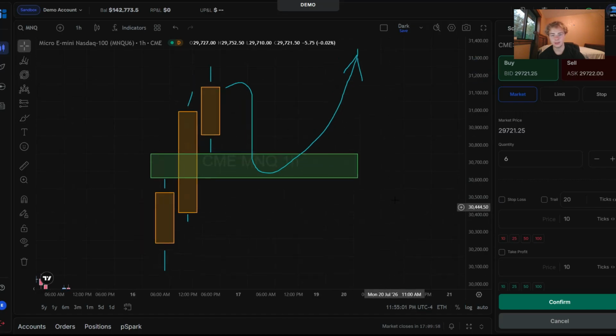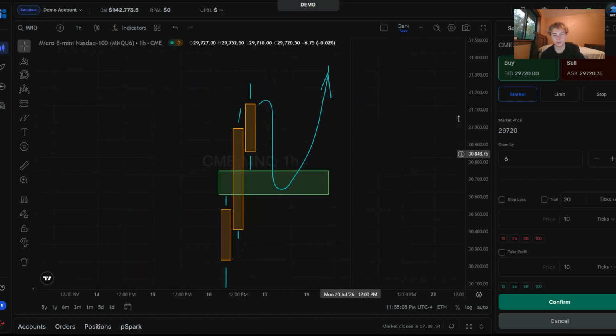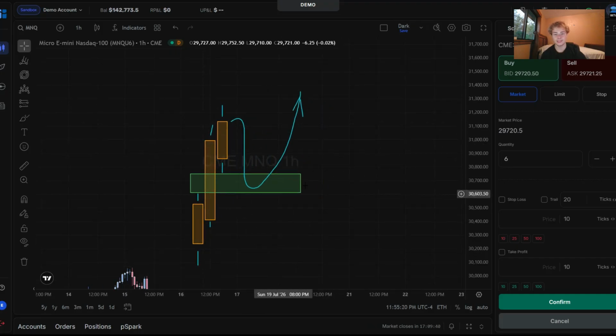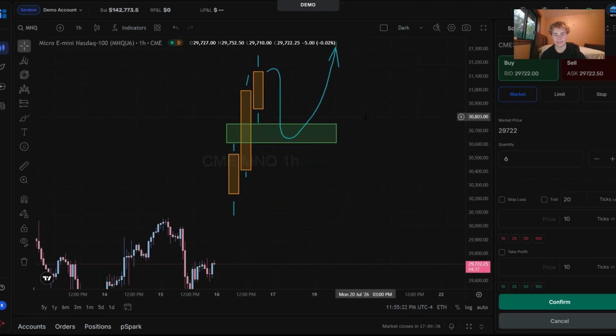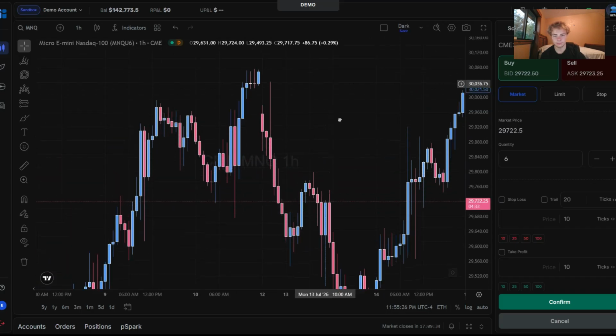That's what we call respecting it, where the bias is a bullish trend, goes up, moves so fast here, there's an imbalance. It comes back down to balance it out, essentially, and then continues back upwards. That's called respecting it. You can see that right here.